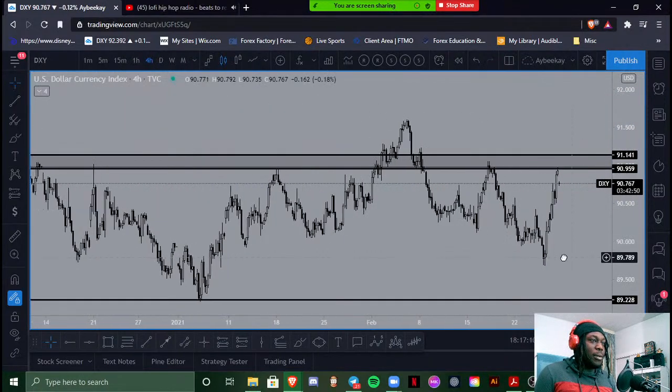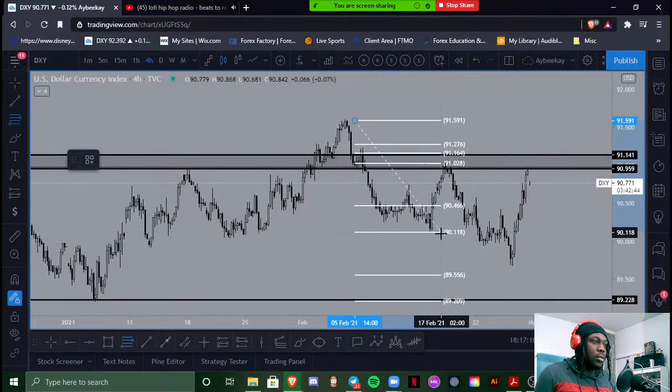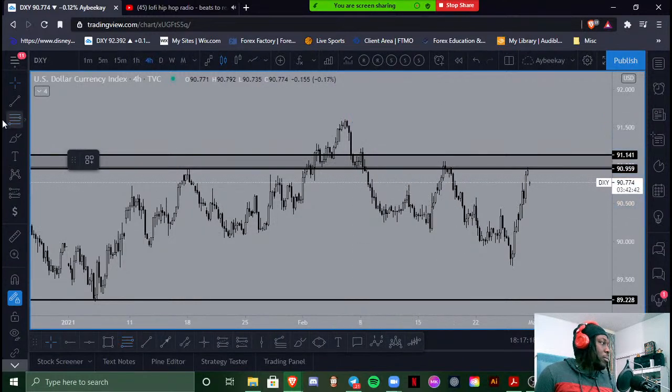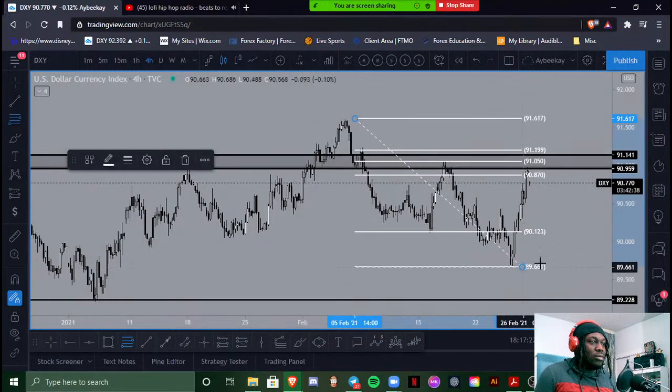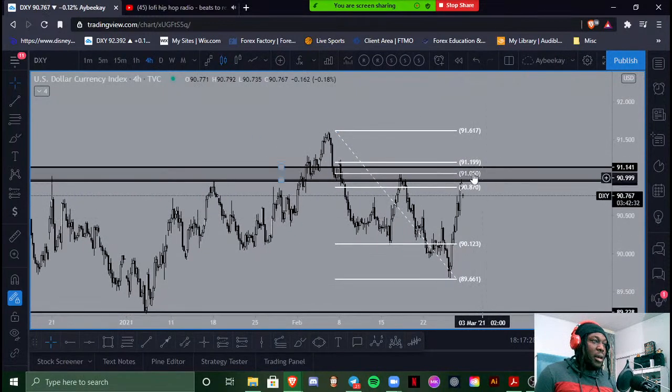So at this point in time, let's just say from this drop, no, not that drop. Although it did retrace, so that's the reason why I don't kind of want to. But still, this could still be an area of price coming up to like 91.050 again, and then dropping.